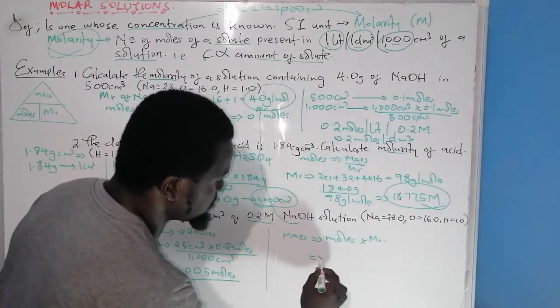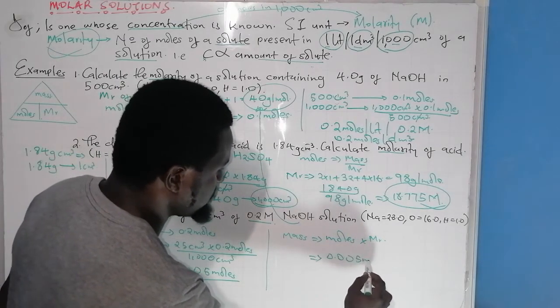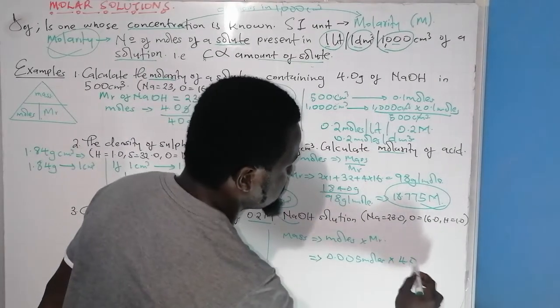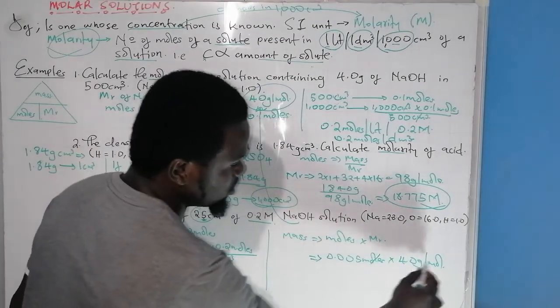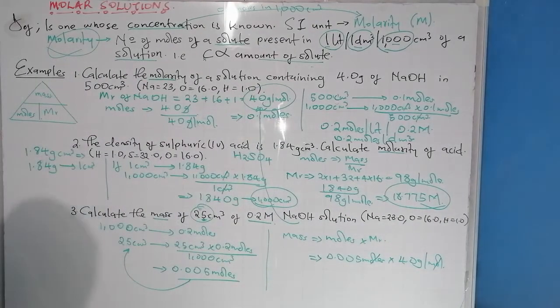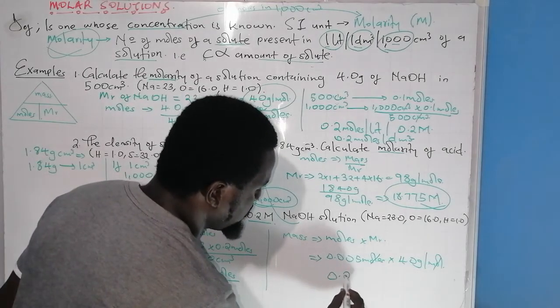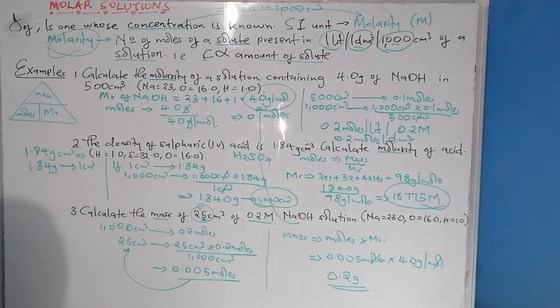So the number of moles of sodium hydroxide is 0.005 moles. When I multiply it by 40 gram per mole, what will I get? The number of moles will cancel. So when I have that one in the calculator, the answer will be 0.2 gram. So this will be the mass of sodium hydroxide.